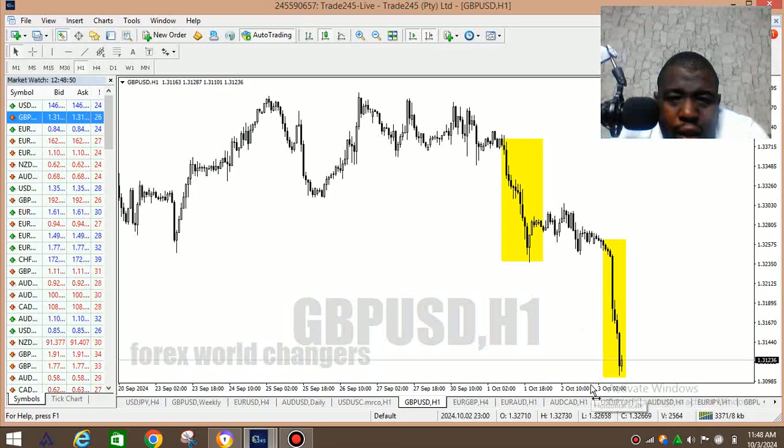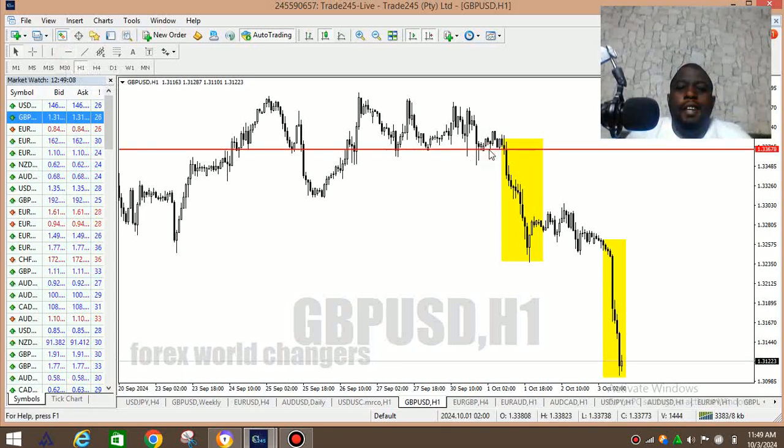So if you can see here at this point, where's my monitor now? Okay, there it is. You can see at this point the price decided to drop dramatically, and here it dropped dramatically. So if I draw a horizontal line where it dropped dramatically, you can see this was a very important zone.